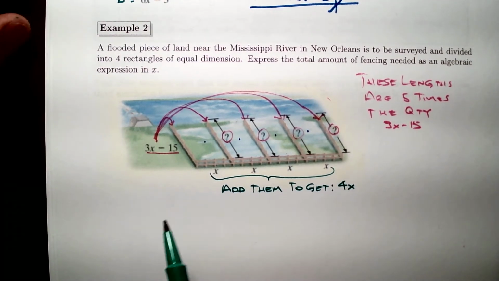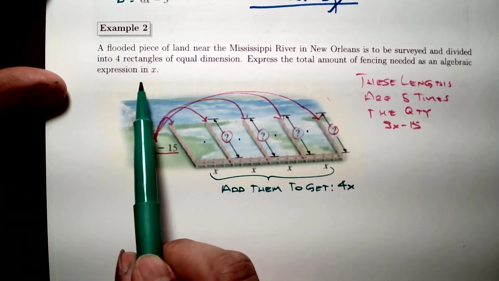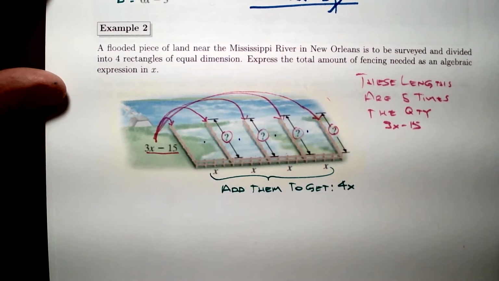They're asking us to express the total amount of fencing as an algebraic expression of x, just the same way as in the previous example.